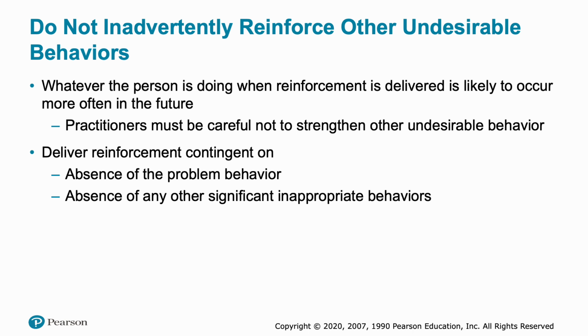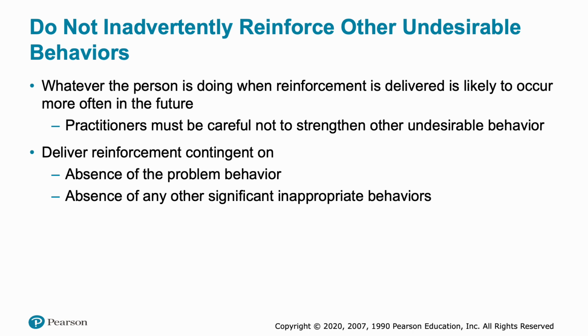You also want to make sure that when you're selecting the behavior for your DRO intervention, you're selecting the most challenging behavior, because other behaviors may occur throughout the interval, and you don't want to inadvertently reinforce those other problem behaviors that you're not necessarily targeting for decrease.